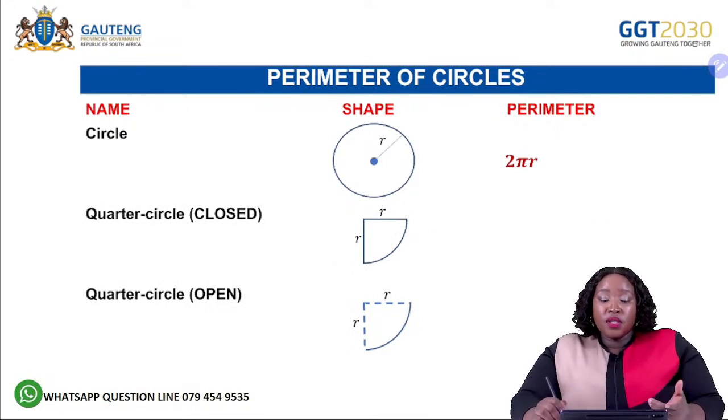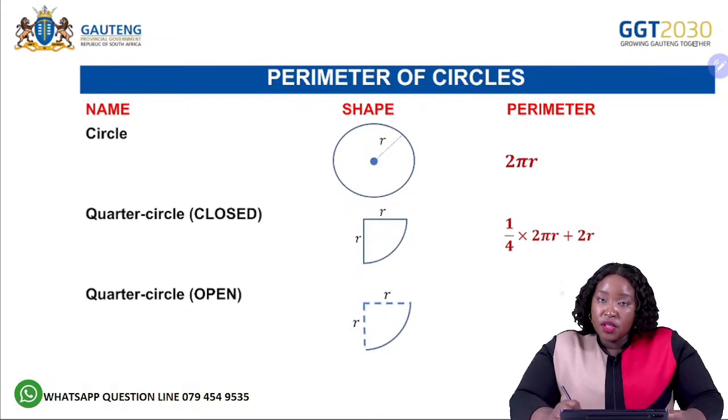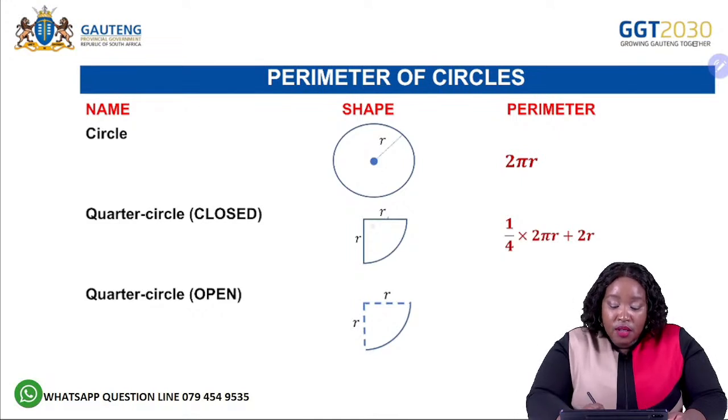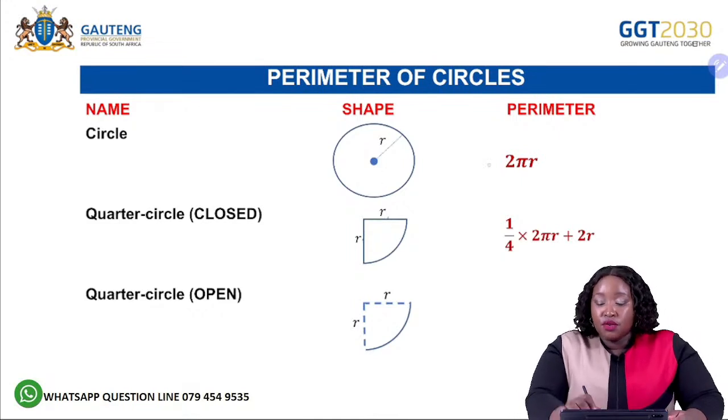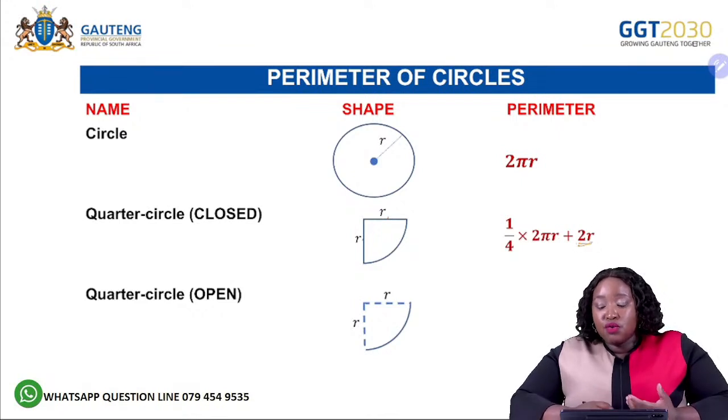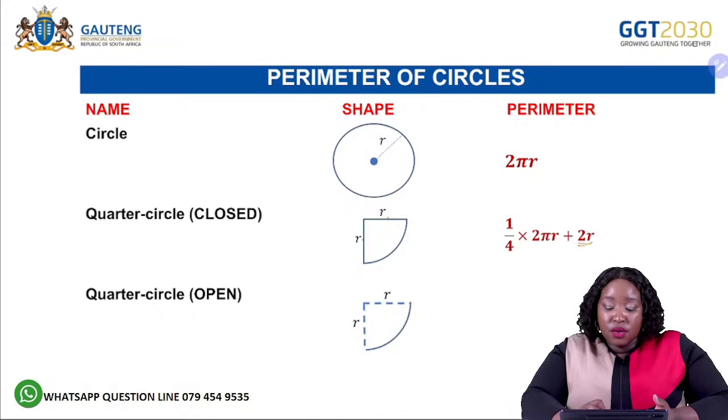Now, if you get a quarter circle that is closed, you would use a quarter times the perimeter of this full circle plus the 2 radii, this radius and that radius. So you'd add them. And you know this is also the same as a diameter. It's just easier to recognize the 2r because you see the radii in this case. Okay.